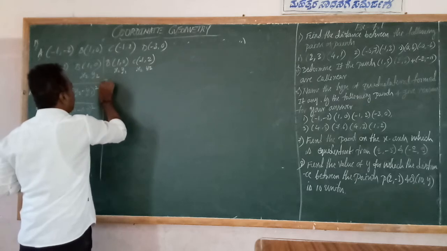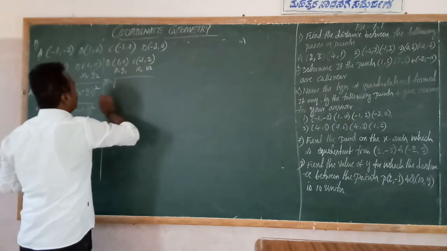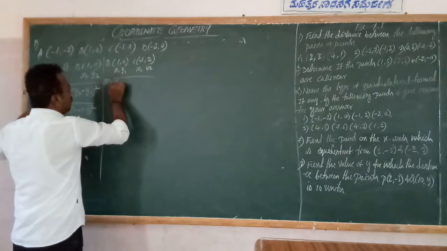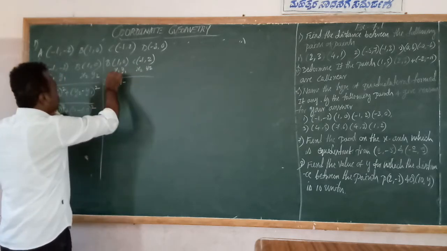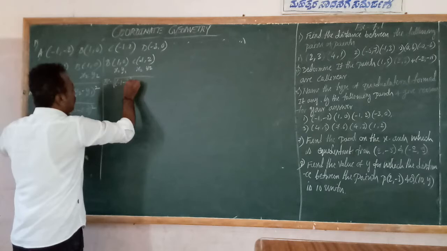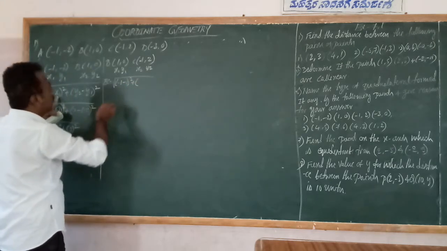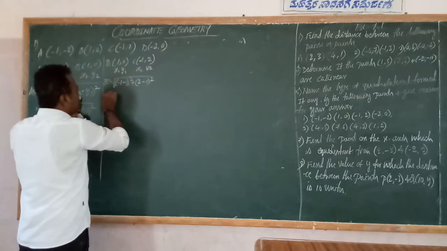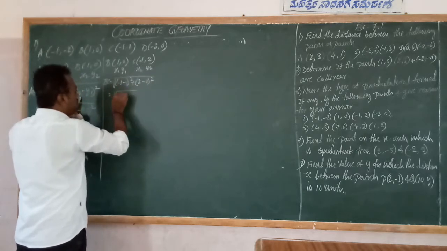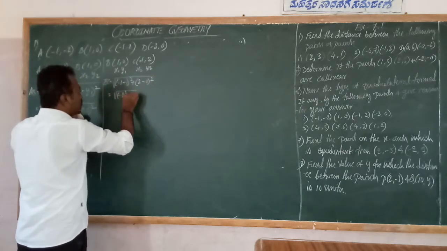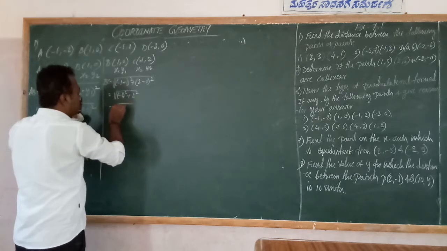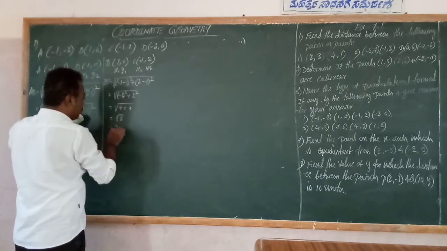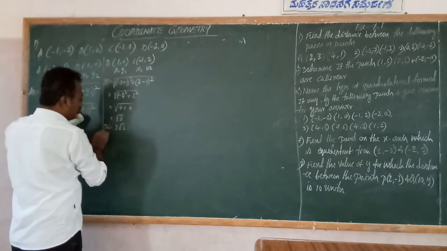So BC is the square root of (x2 minus x1) whole square, that is -1 minus 1, which is -2, whole square, plus (y2 minus y1), that is 2 minus 0, whole square. So square root of (-2) whole square plus 2 square. Both give 4, so the root is 8, and this is 2 root 2. So this is the length of BC.